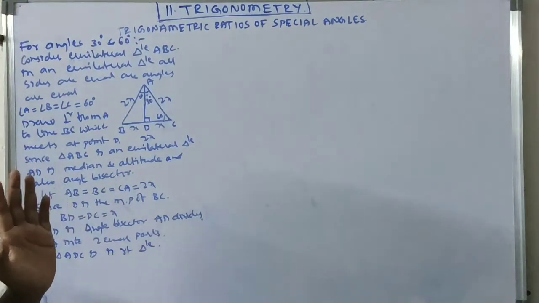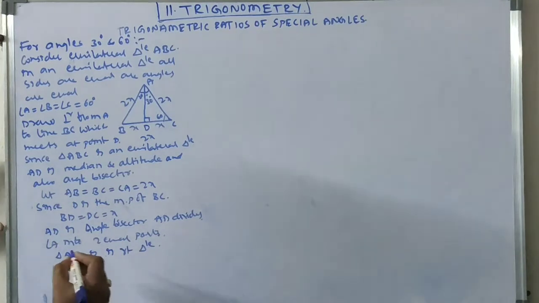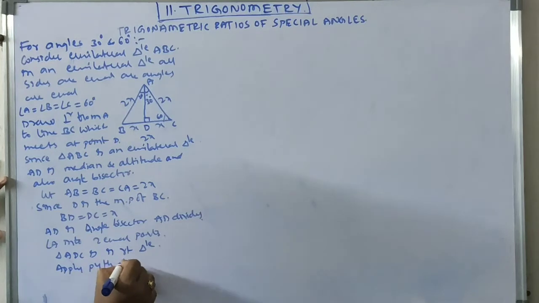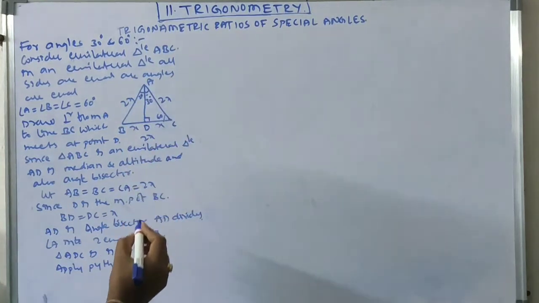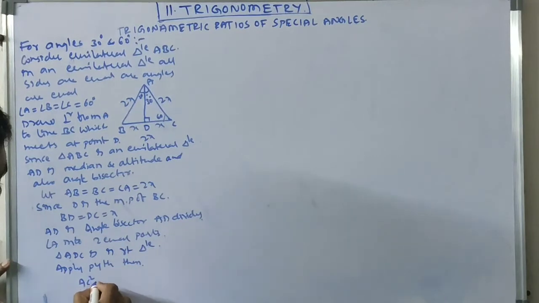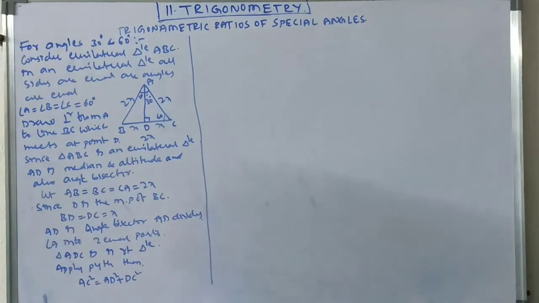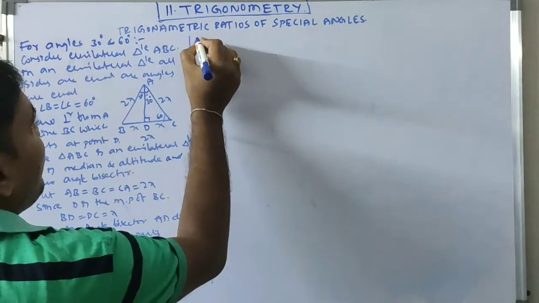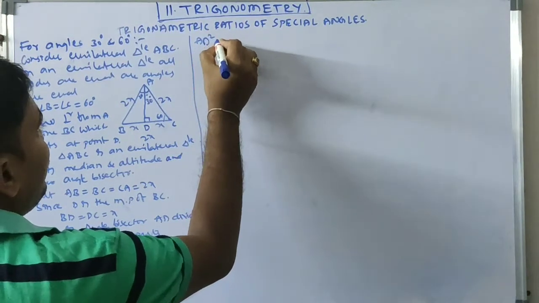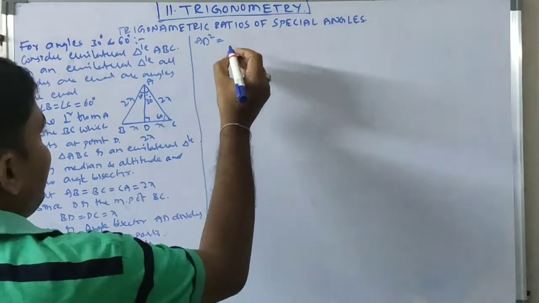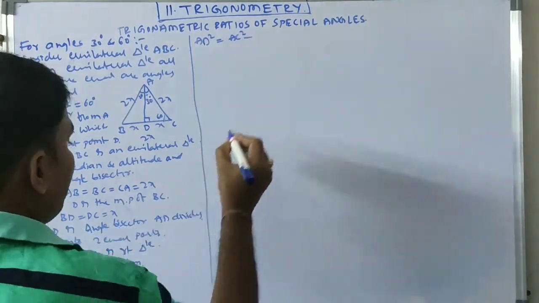In a right angle triangle, Pythagoras theorem is applicable. So apply Pythagoras theorem. AC is the hypotenuse. So AC square equal to AD square plus DC square. AD square equal to AC square minus DC square.